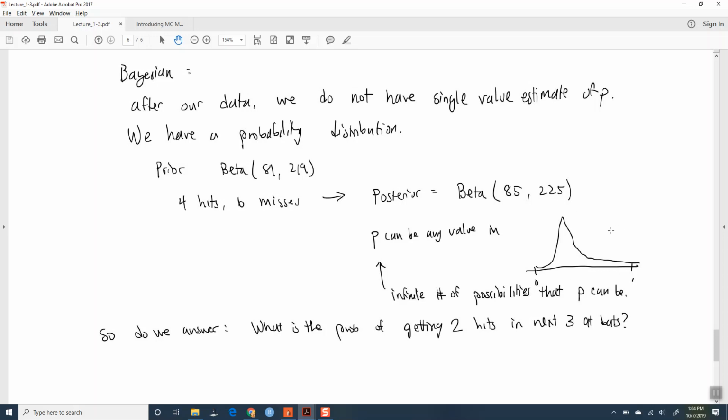The distribution says a batting average around 0.27 is very likely, around 0.25 is also likely, but 0.4 is very unlikely, and 0.15 is also very unlikely. It could be any value between 0 and 1, but much more likely it's between 0.2 and 0.35, probably closer to 0.27.